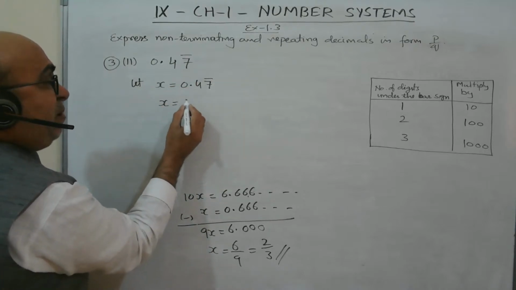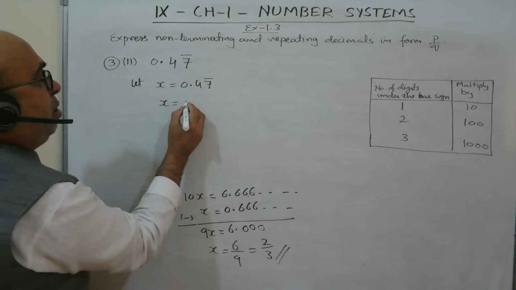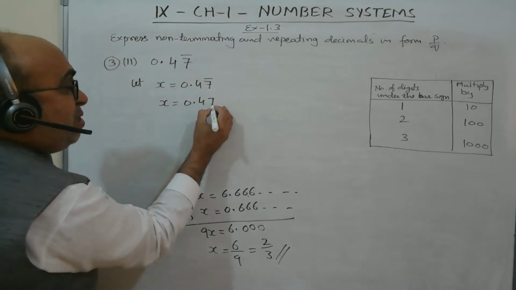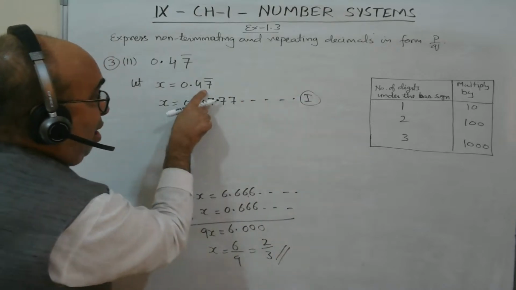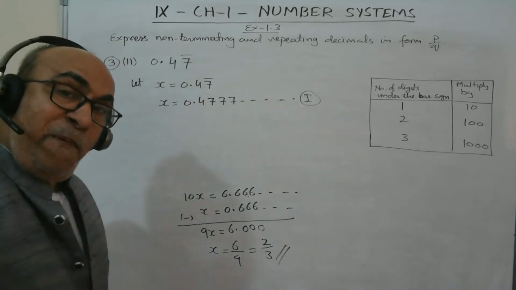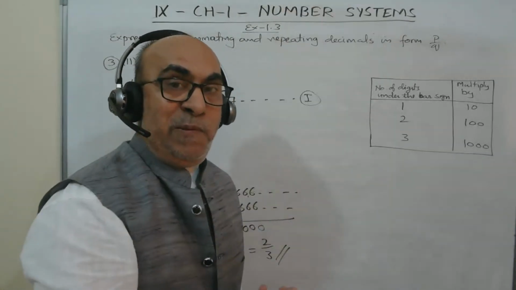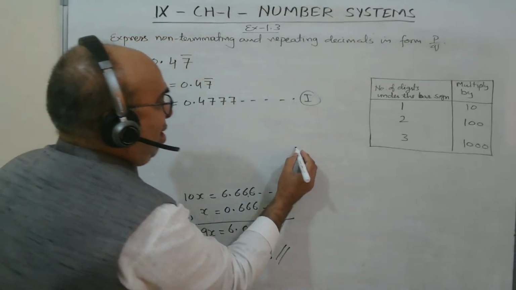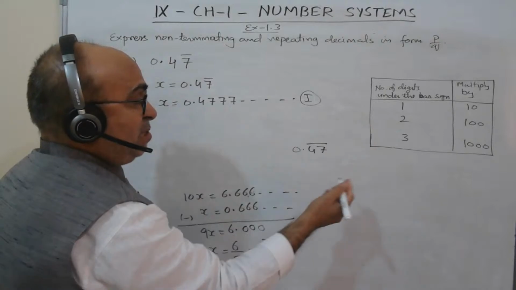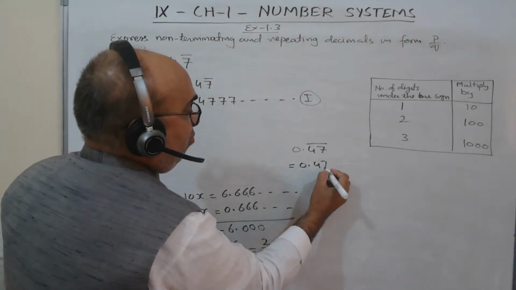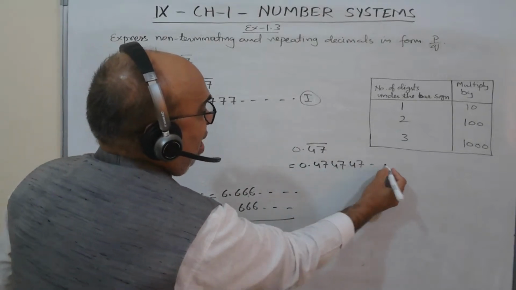Which digit will repeat? 7 will repeat. 0.4777 and so on, equation 1, because under the bar sign 7 is written, so only 7 will repeat. Suppose the bar sign was over 47, then under the bar sign 4 and 7 both are written, so this is 474747 and so on.